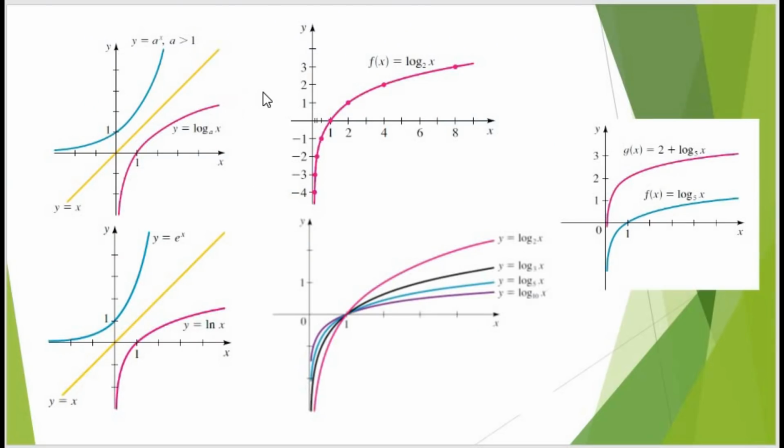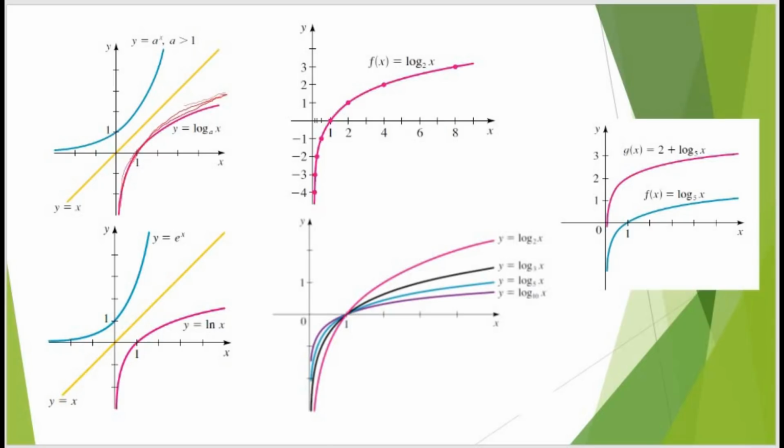Okay, so we have here different graphs. This is our graph for a logarithmic function with base a. Take note of the graph. And if you are very observant, you should notice that the slope is decreasing for our log function.